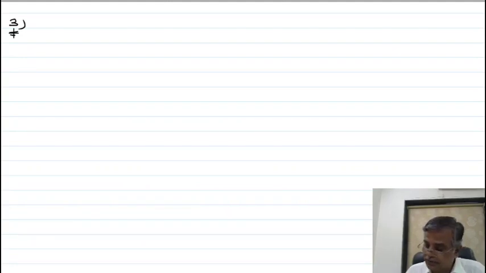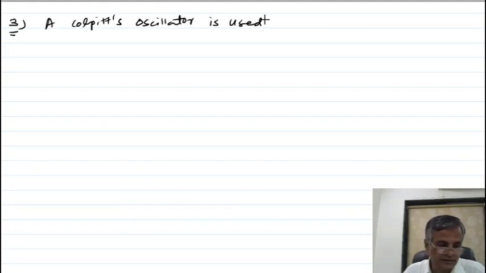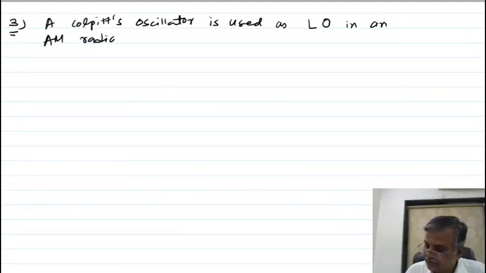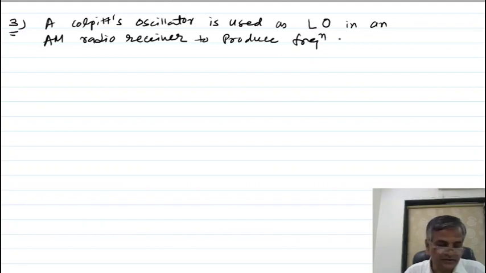A Colpitts oscillator is used as the local oscillator in an AM radio receiver to produce frequency from 1 to 2 megahertz.